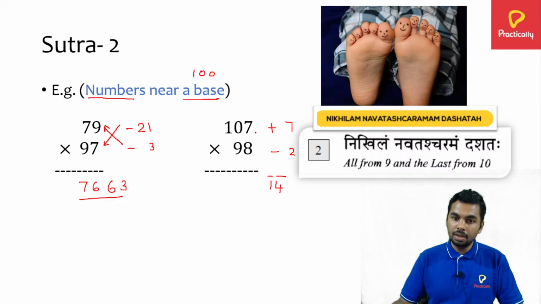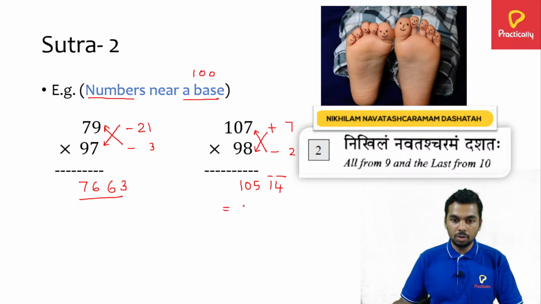Clear? Now the next step, step 2, is cross addition. You can either do 107 minus 2 or 98 plus 7. Both are right. Both give the answer as 105. So the answer is 105 1 bar 4 bar. Now you have to convert this number into an ordinary number without any bar notation.